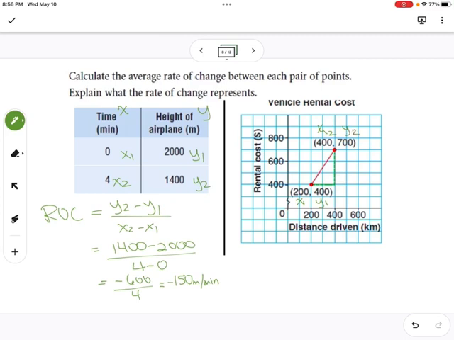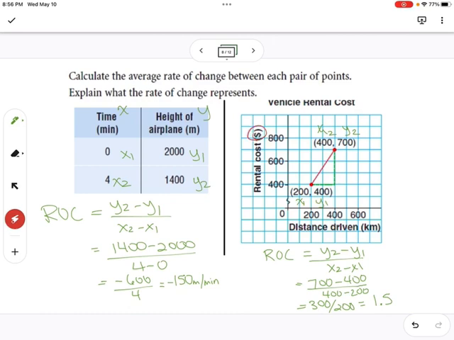So back into the formula again, rate of change, y2 minus y1 over x2 minus x1, 700 minus 400 over 400, subtract 200. So we get 300 over 200, which is equal to 1.5, and our units are dollars per kilometer.